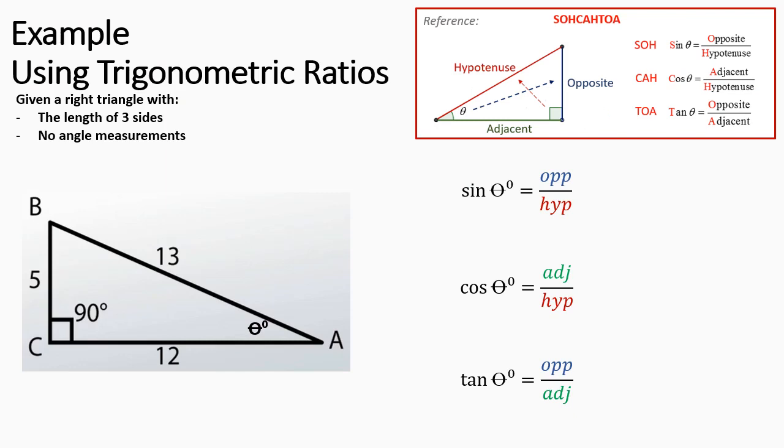Okay, so let's use SOHCAHTOA in an example here. So here is a right triangle, and that's important because remember that SOHCAHTOA only works with right triangles. And in this example, they are giving us the length of 3 sides, but no angle measurements.